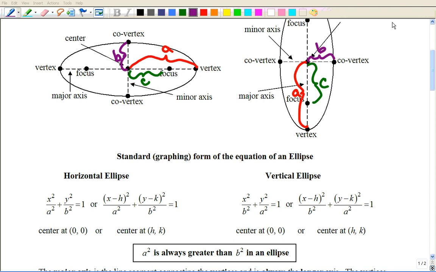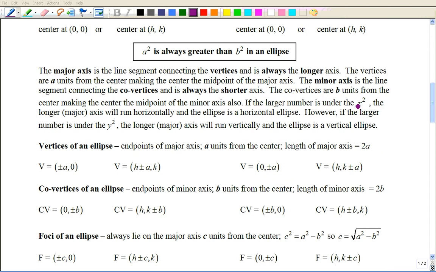Let's keep going. Next on your notes, you'll have all these words, and I don't really want to sit here and read through all of them. You can pause the video or read it off of your notes. This is really just what we did to label the two equations in the graphs up there, just in word form. And then this tells you how you can find the vertices, co-vertices, and foci of an ellipse based off of the equation.